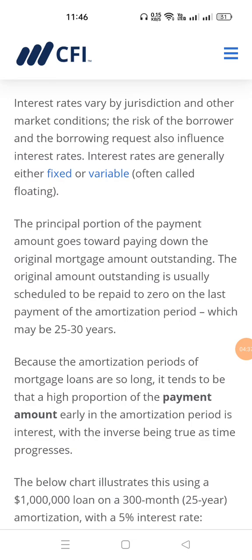Interest rates are generally either fixed or variable, often called floating. The principal portion of the payment amount goes towards paying down the original mortgage amount outstanding. The original amount outstanding is usually scheduled to be repaid to zero on the last payment of the amortization period, which may be 25 to 30 years.